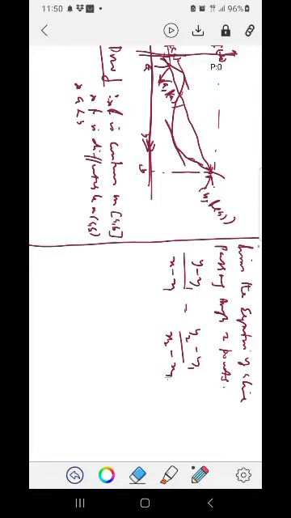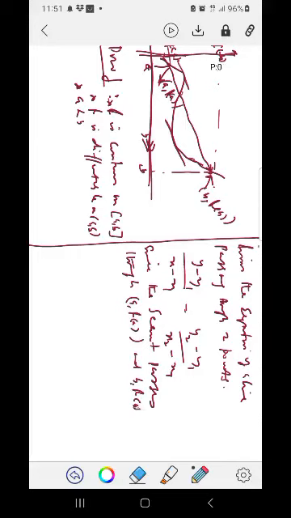So we are now applying it here. The secant that we talked about passes through (a, f(a)) and (b, f(b)).